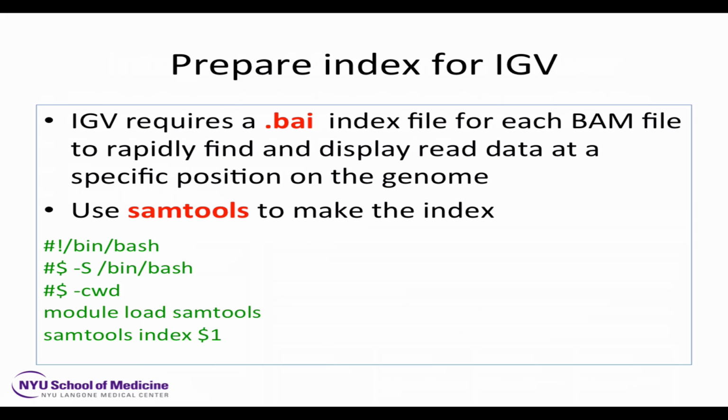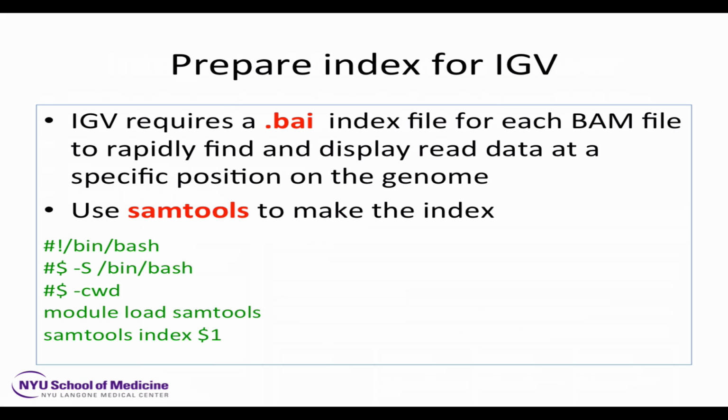It creates in that same location, hopefully, a .bam.bai file, the binary index, which then you load. You copy the BAM file and the BAI file from the server onto your laptop or desktop.